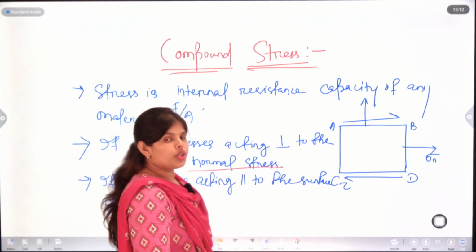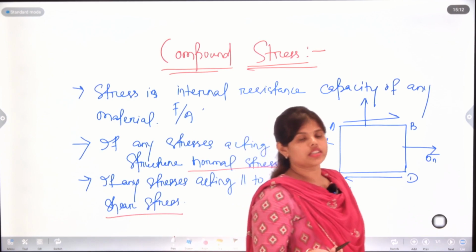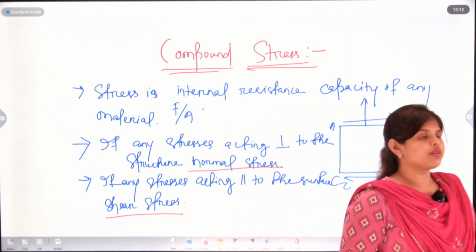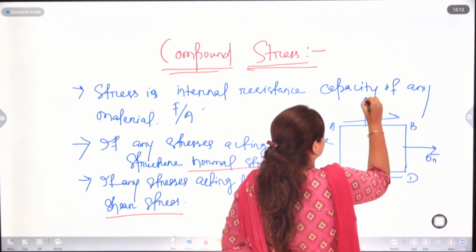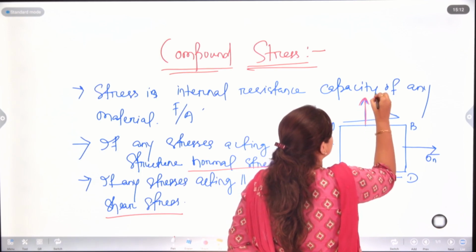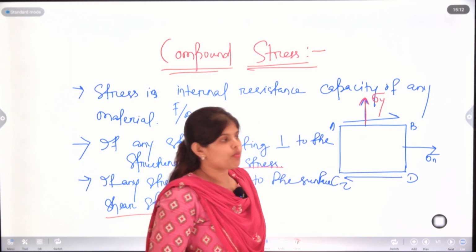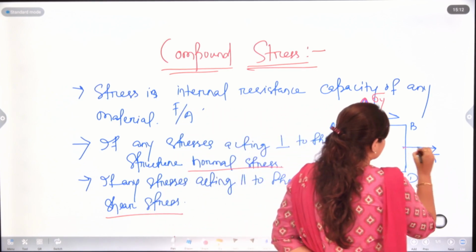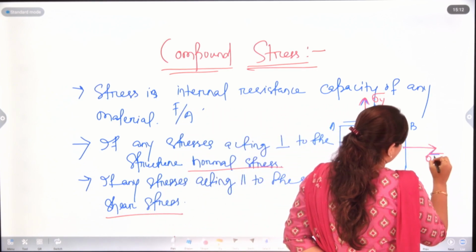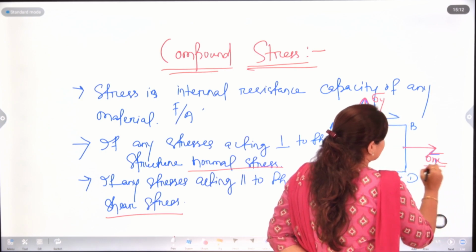So, here we have normal stress and shear stress. If in a body there is a stress in the y direction, we will term that as sigma y, and in the x direction there will be sigma x.